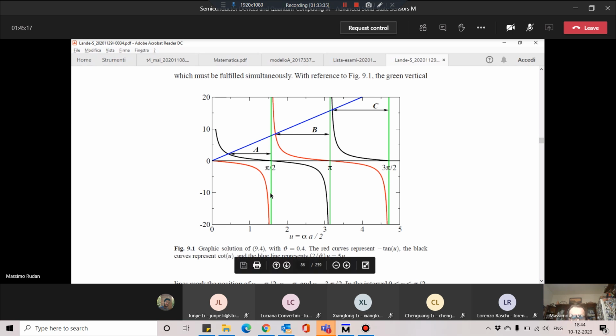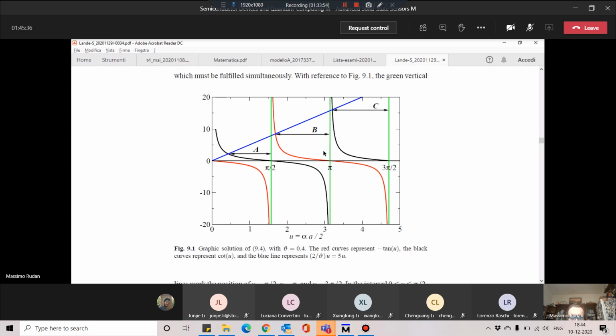So minus the tangent is the red line, is the set of the red lines. And plus the cotangent is the set of the black lines, okay?